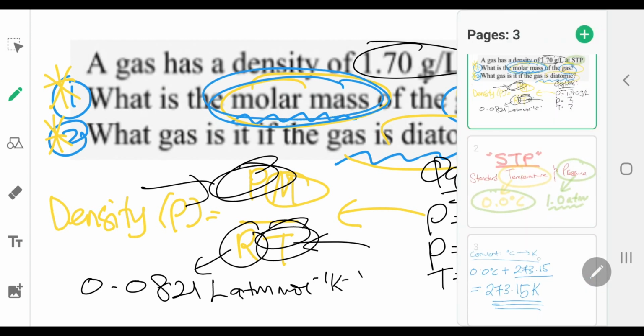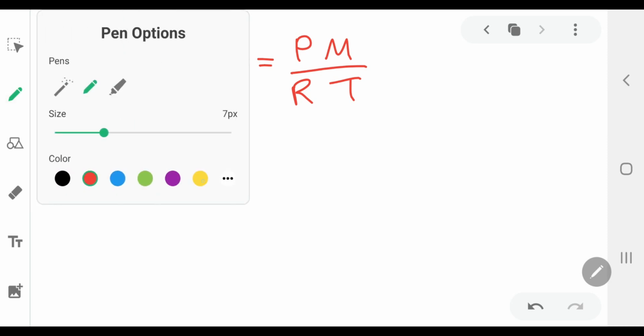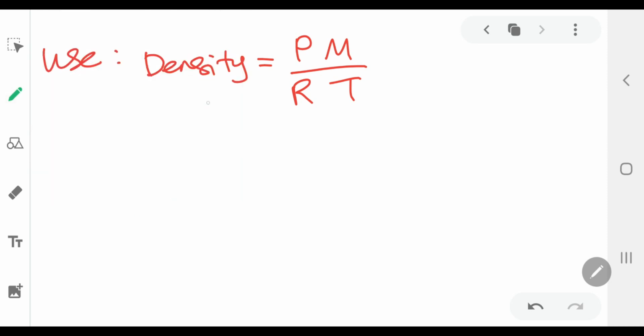So we're going to use the formula density equals pressure times molar mass over RT. The density over here is about 1.70 gram per liter.